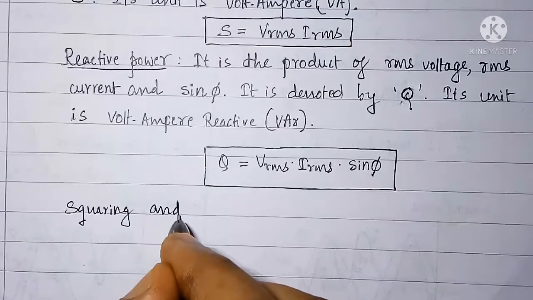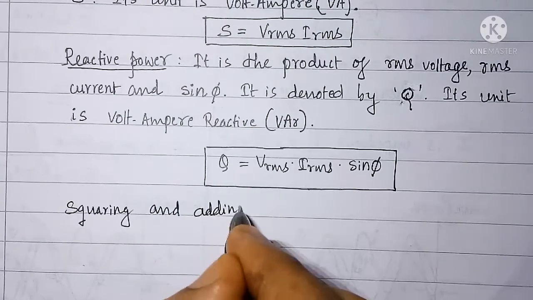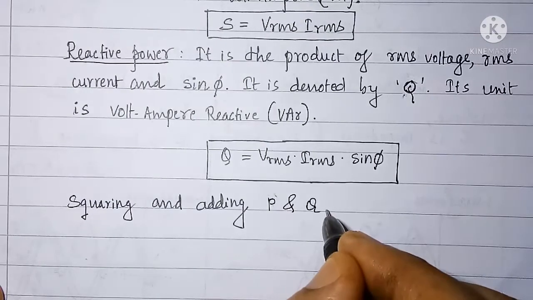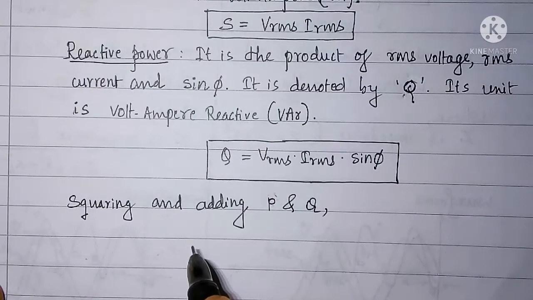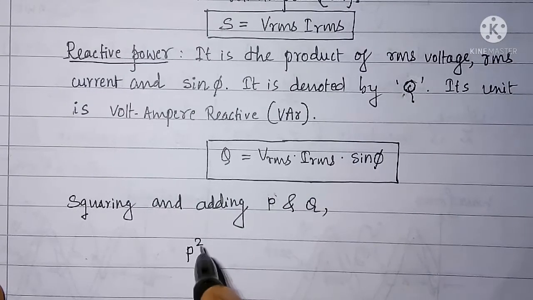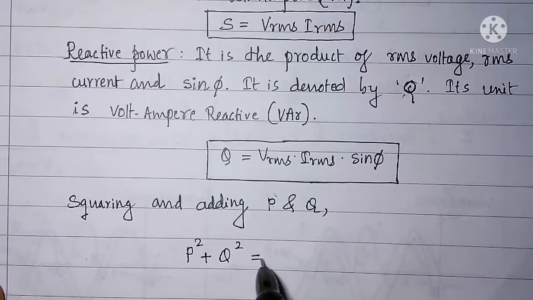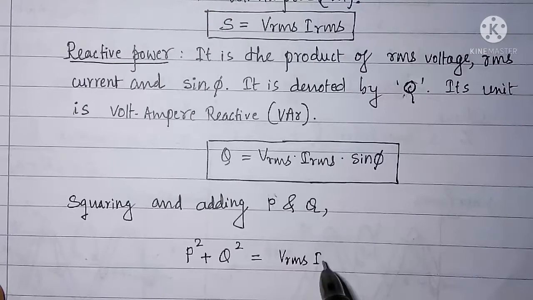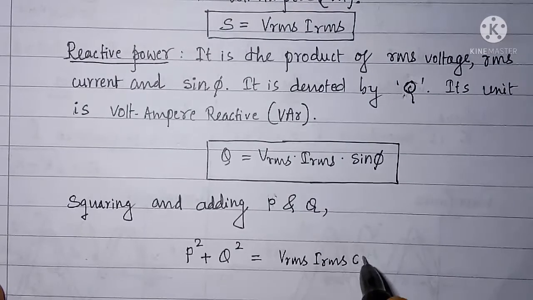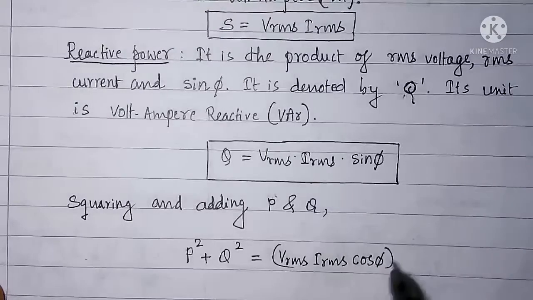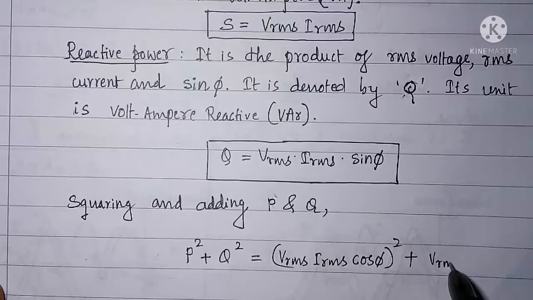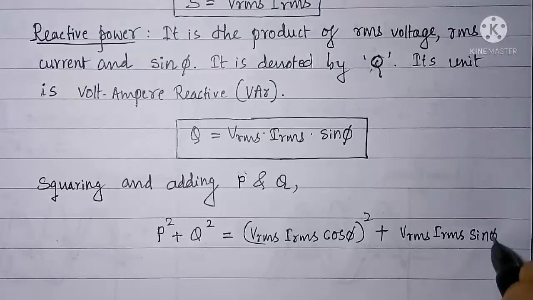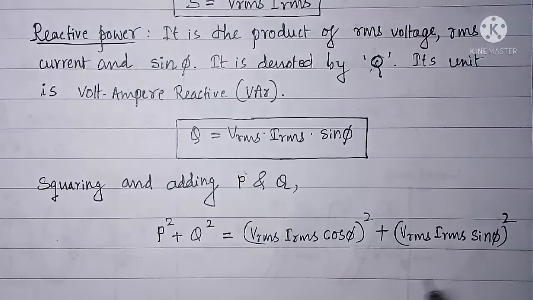Squaring and adding P and Q, we get P square plus Q square equal to (Vrms into Irms into cos phi) whole square plus (Vrms into Irms into sin phi) whole square.